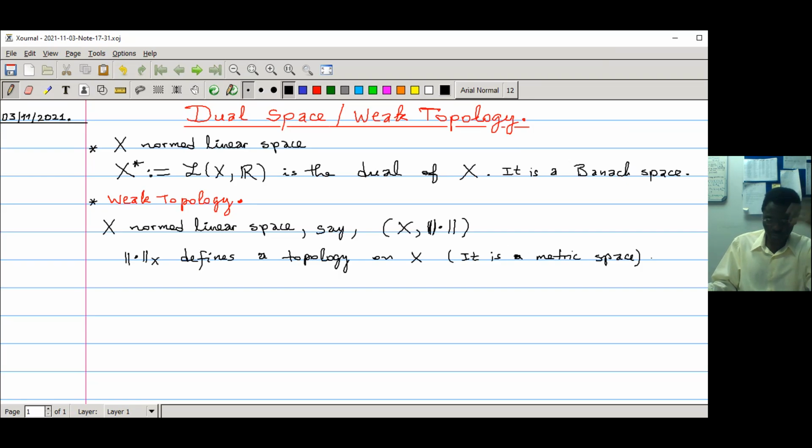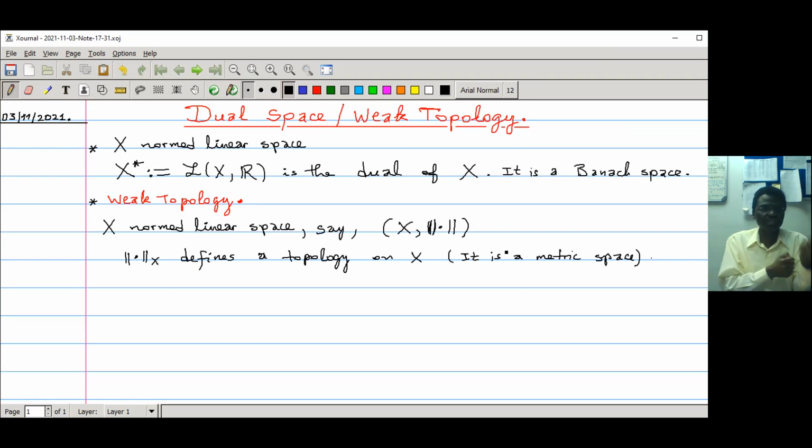I just define the balls, and then with those open balls, I can generate a topology through open sets.